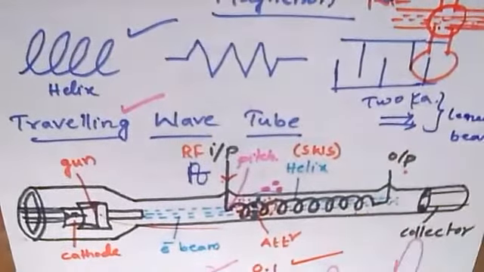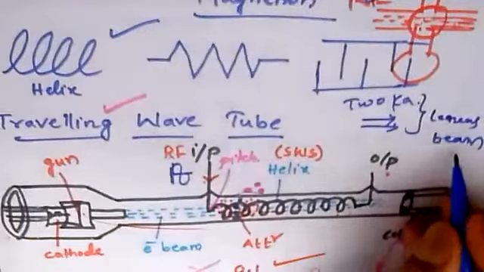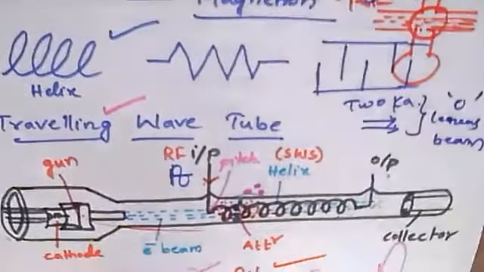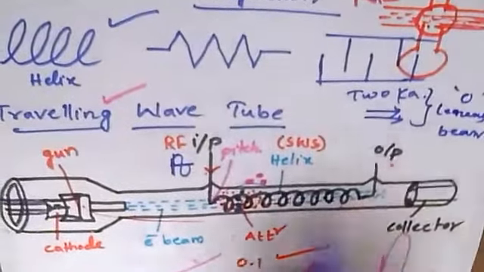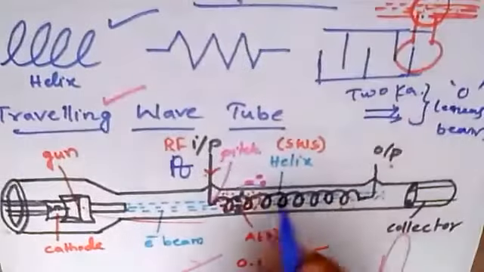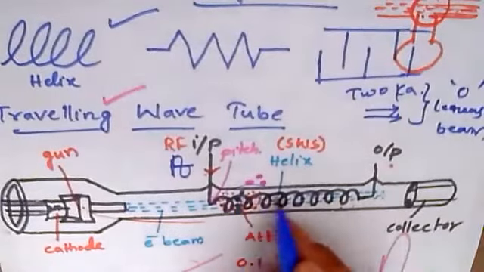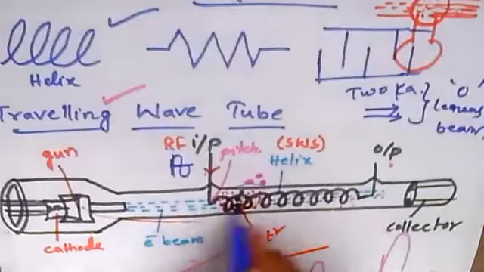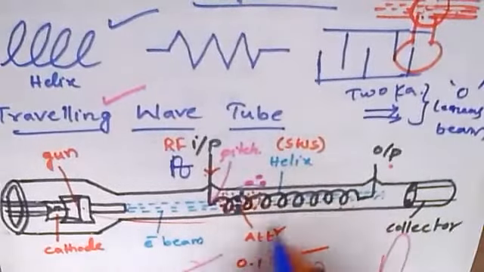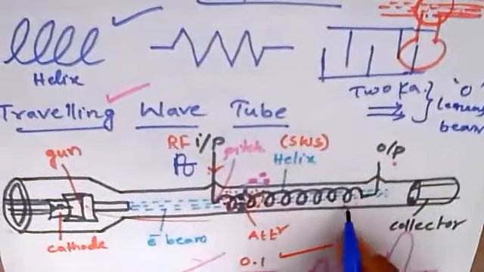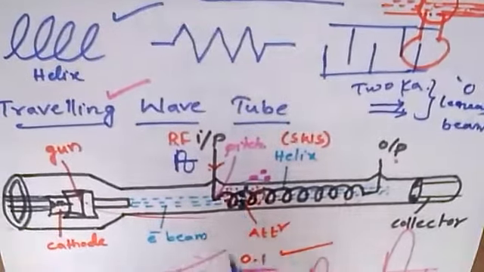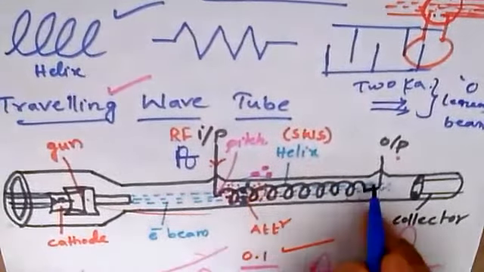They are also called O-type tubes. As long as the electric field and magnetic field are linear to each other, they are termed linear beam type of tubes. And this is the total construction we have.